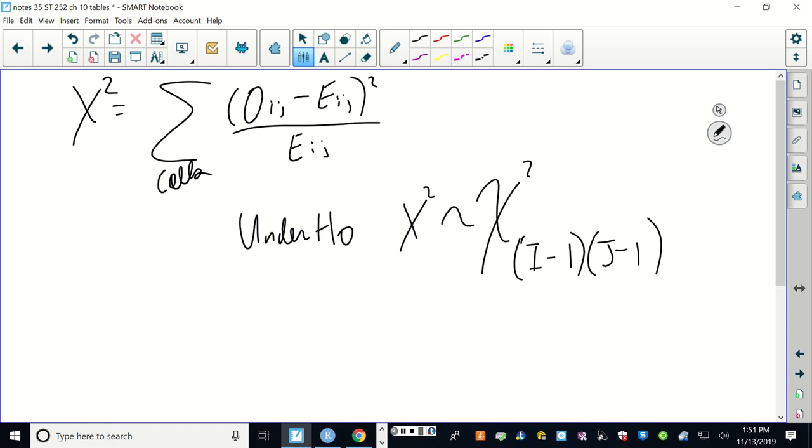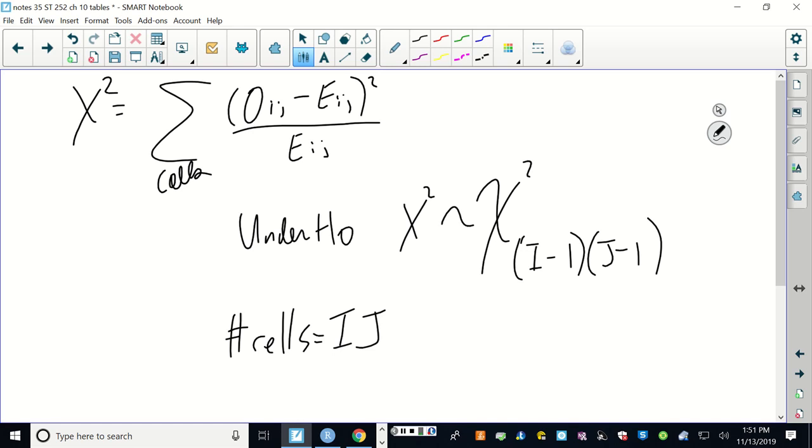So the number of cells is I times j. But there are some restrictions in there. That has to add up to the total sample size once you add up all those. All the proportions add up to 1. Further, the proportions by column and proportions by row add up to 1.